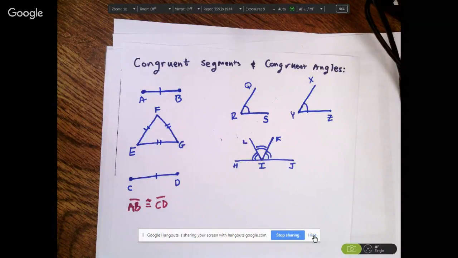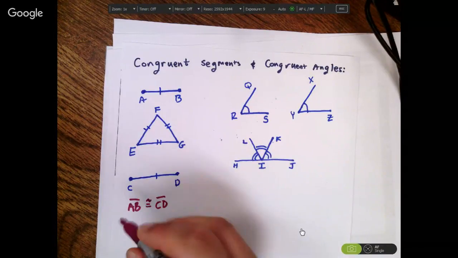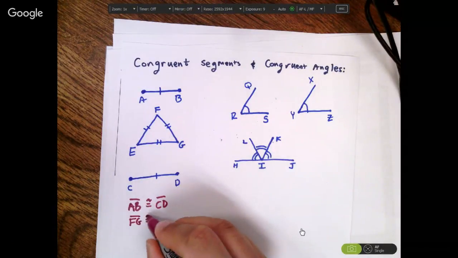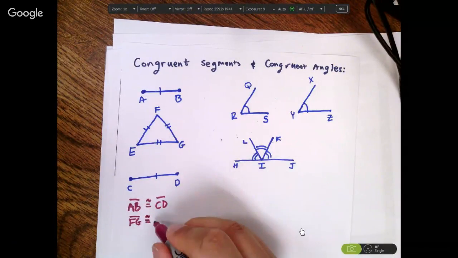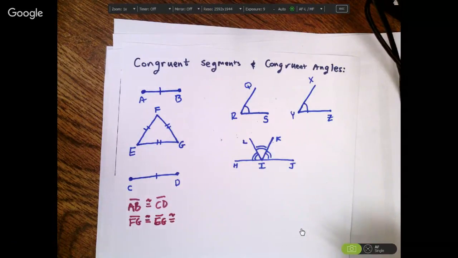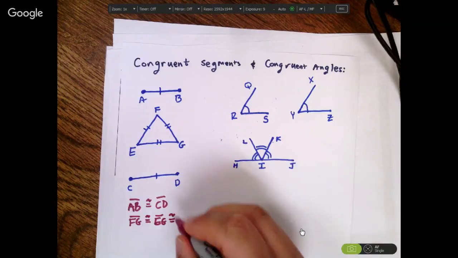I could also write segment FG is congruent to EG, which is also congruent to EF.